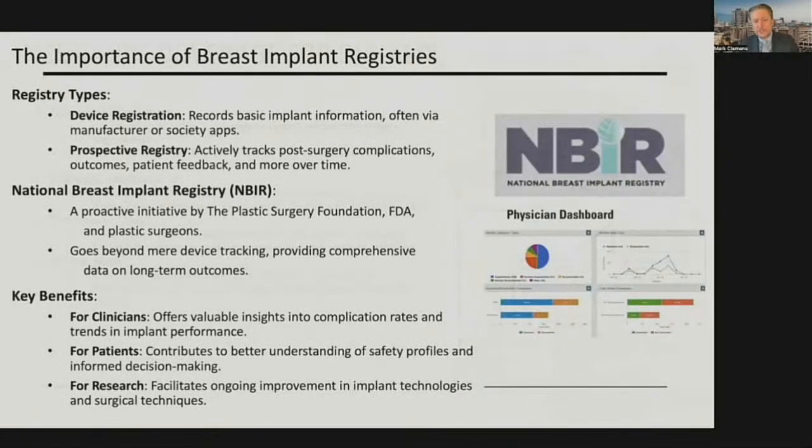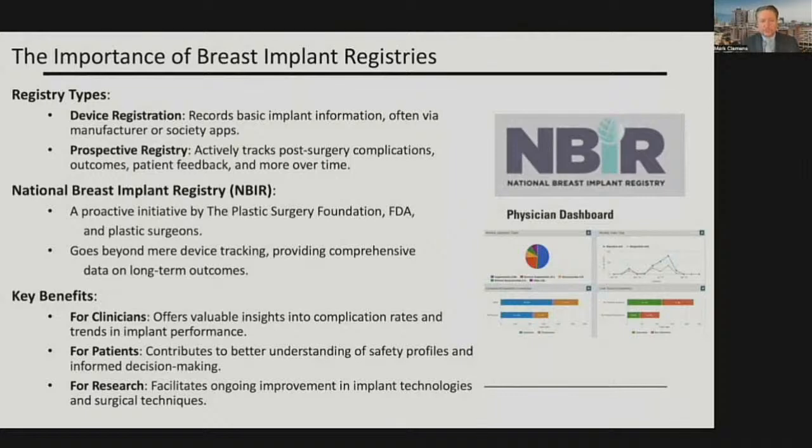I also want to turn to what can patients do that just have breast implants or not affected by ALCL. I think that it's important to still participate in prospective breast implant registries. Now, there is some confusion out there of what is a registry. For instance, I very commonly hear both surgeons and patients say, I participated in a registry because I registered my device. Those are two completely different things.